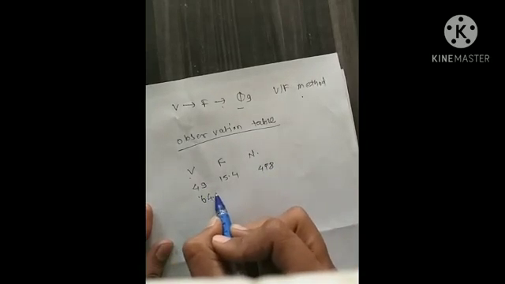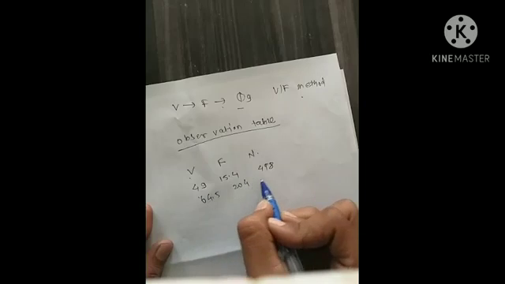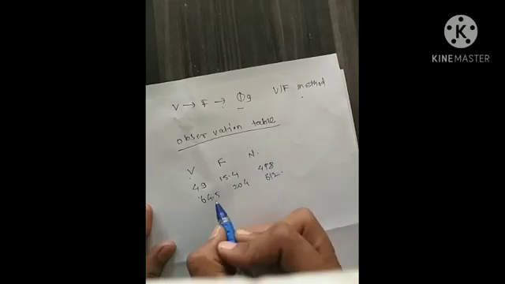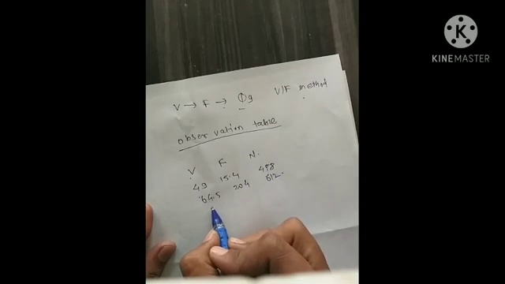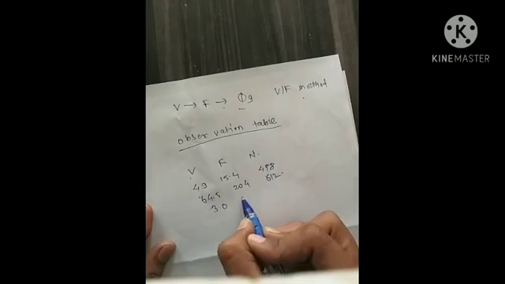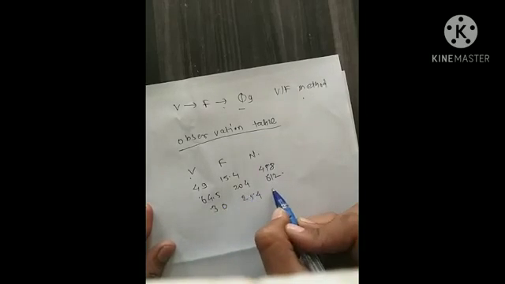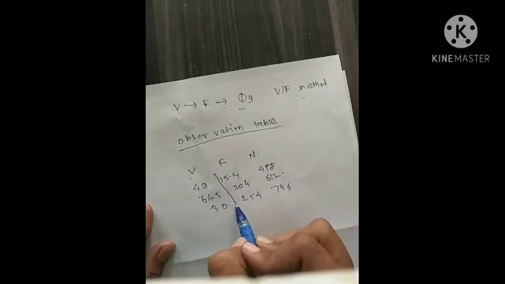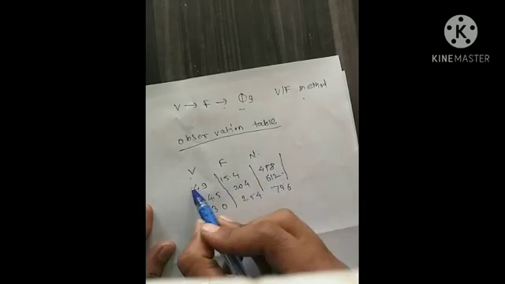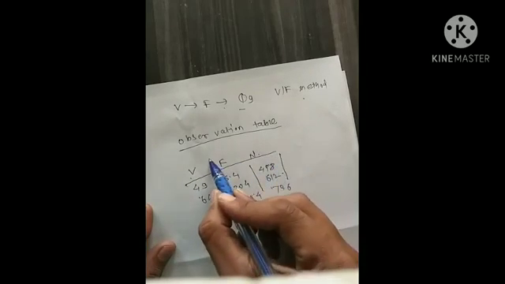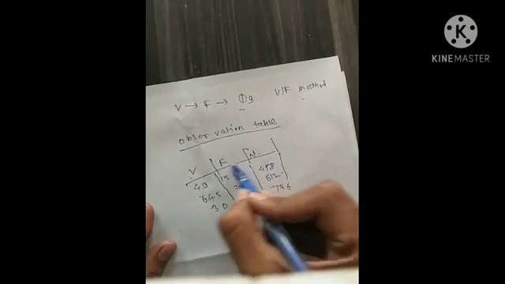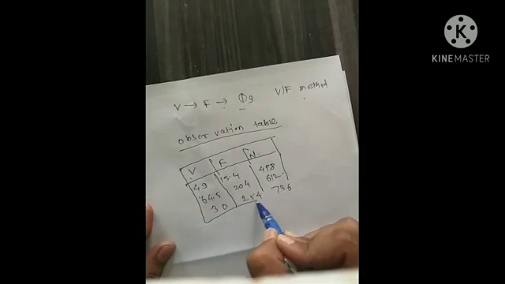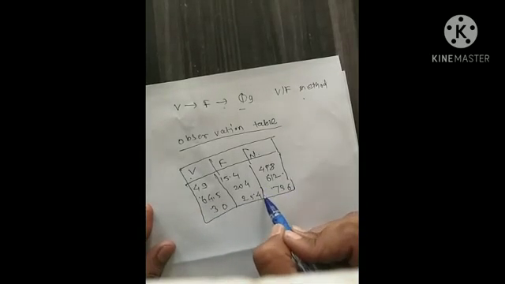Then 64.5 volt, 20.4 hertz, 610 RPM. After that, if the voltage is 73 volt, then the frequency is 25.4 and the speed is 736 RPM. We consider here only 3 readings. Here V is the supply voltage, F is the frequency in hertz, and N is the speed in RPM.